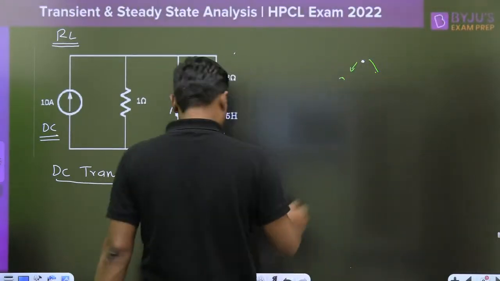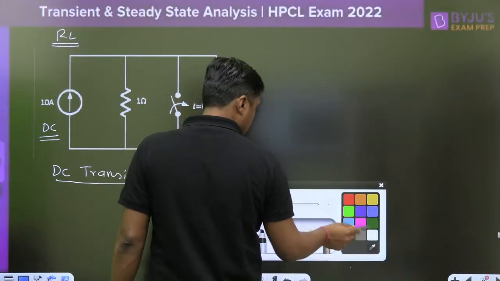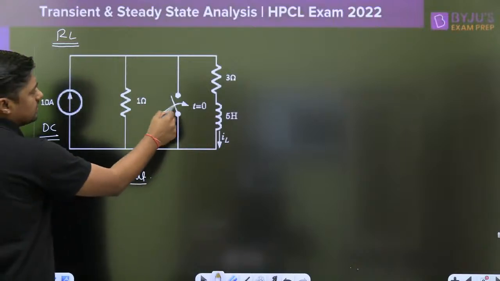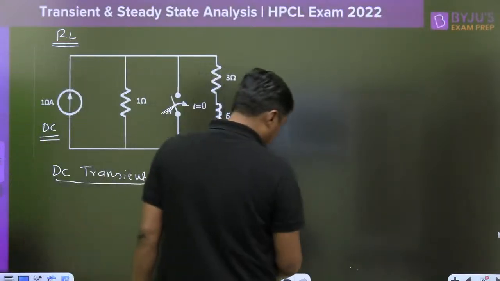Now, this switch is open, remove this. Now, this inductor will act as a short circuit. So, what will be the circuit here?